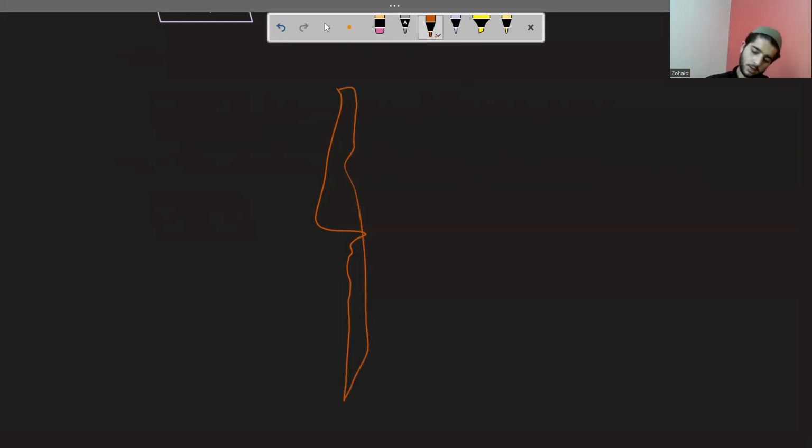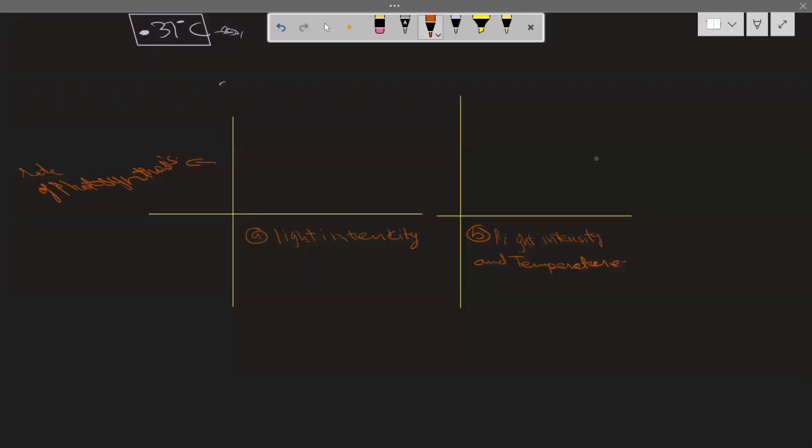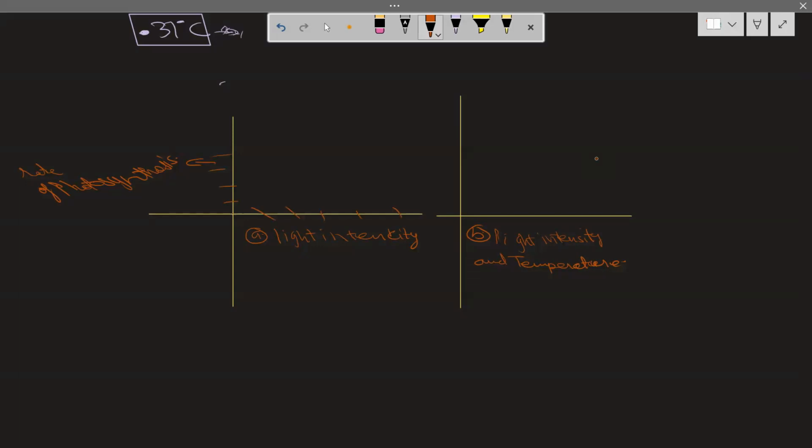Wait, let me draw a chart. Let me explain with the help of a diagram. In light intensity, when light intensity is increased, like when more light is given, the rate of photosynthesis increases.